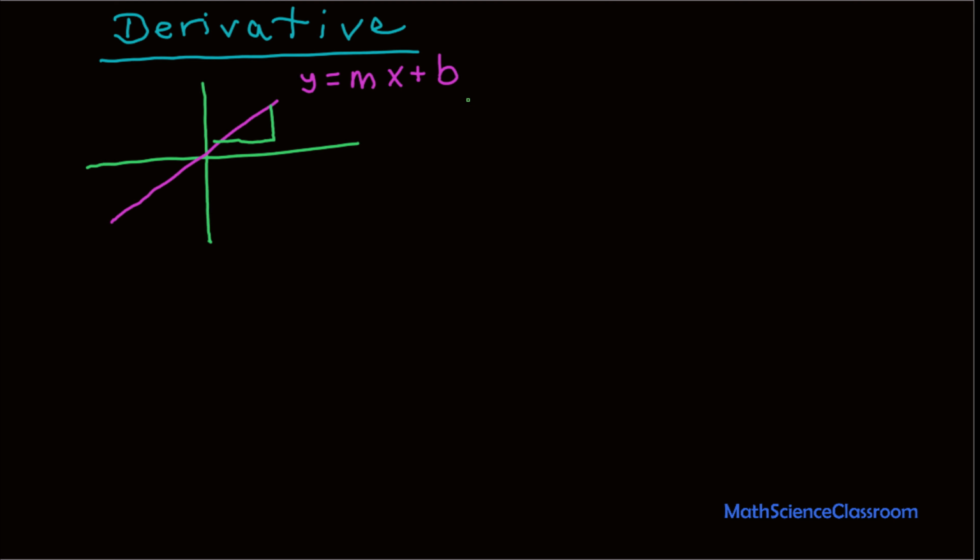So let's write down our different definitions of slope. Rise over run, or the change in y over the change in x. The delta symbol, or triangle symbol, means change.